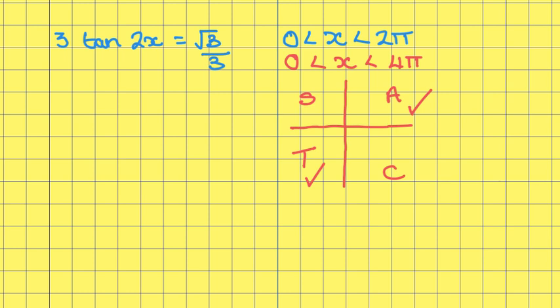If we now find the acute angle, 2x equals tan to the minus 1 of root 3 over 3. So 2x is equal to 30 degrees, which is pi over 6. So our acute angle is pi over 6.